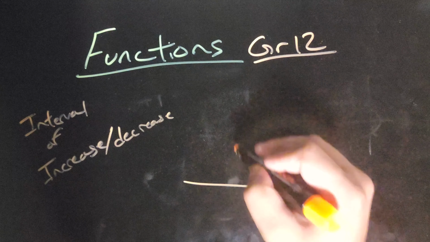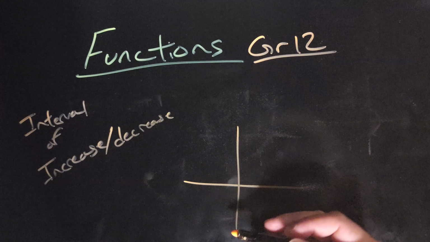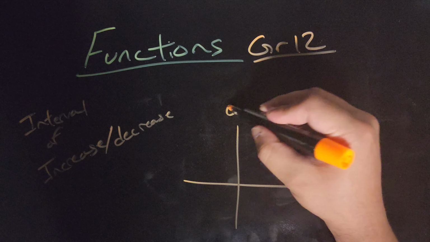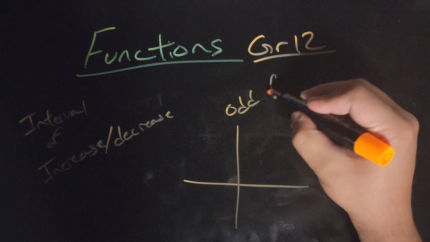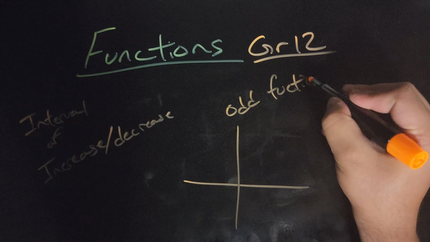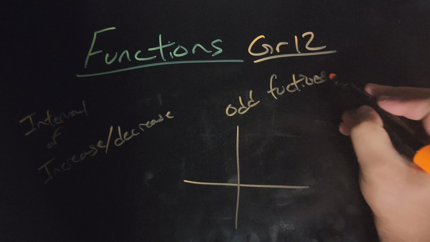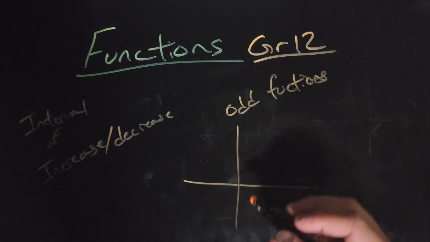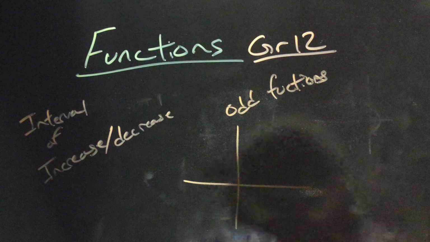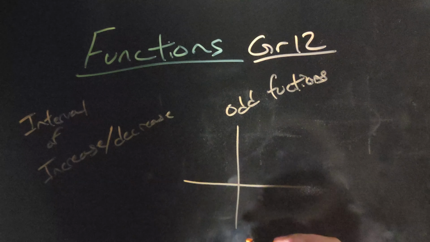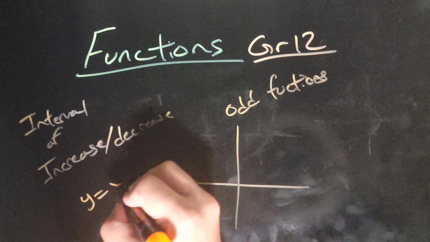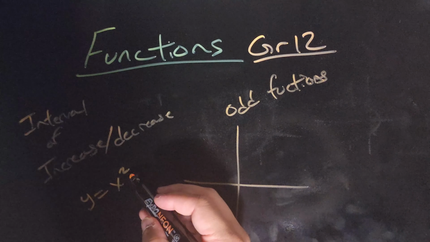I think we did do this. No, we didn't do it. So we can learn also about odd functions. Just brush up on odd functions. For an odd or even function, you have to look at the degree of the function. So y equals x squared is an even function.